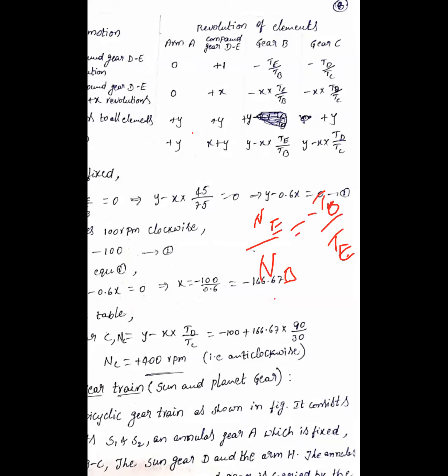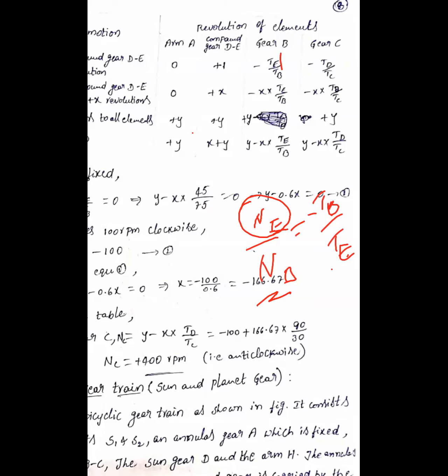The negative sign is also there. In this, you should find the NB value. So NB equals minus TE by TB, isn't it? And NE equals 1, because it was already given in our condition. So NB equals minus TE by TB. Is it clear how to write the speed of gear wheel B?